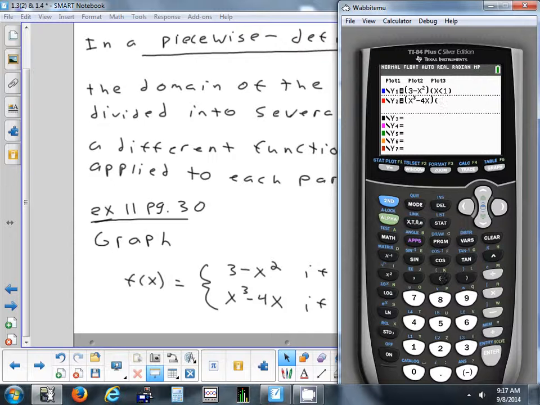Now the calculator can't really draw open circles and closed circles, so you're not going to be able to see that part of it. So once you type that in, that's what you should have. Okay, and I'm going to do a standard window. I'm going to do zoom 6. Let's see what we got.